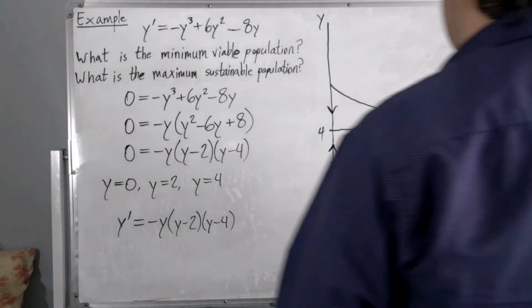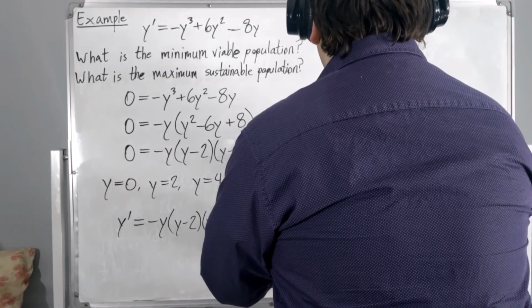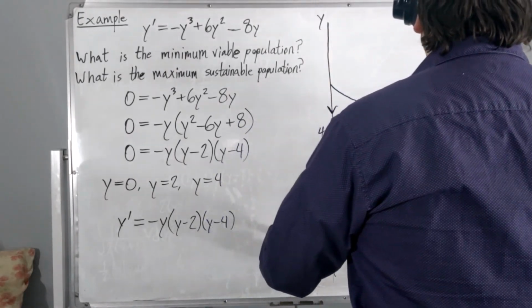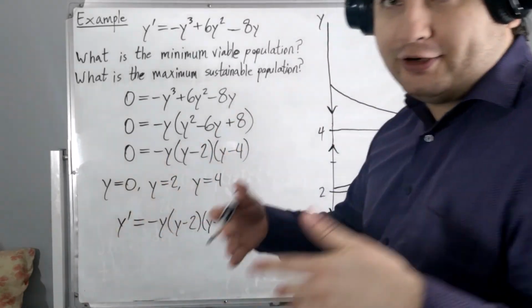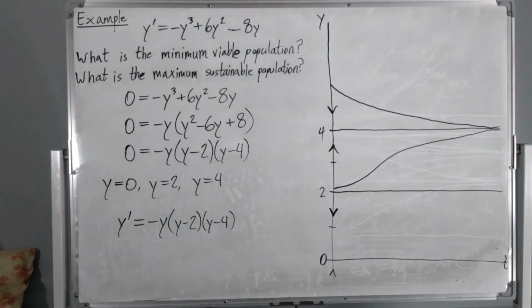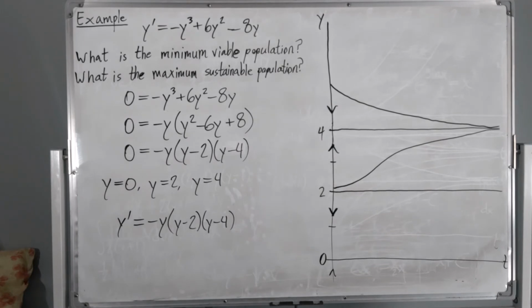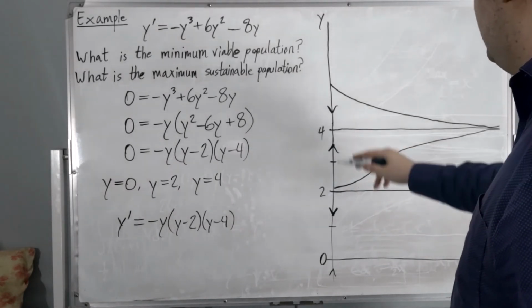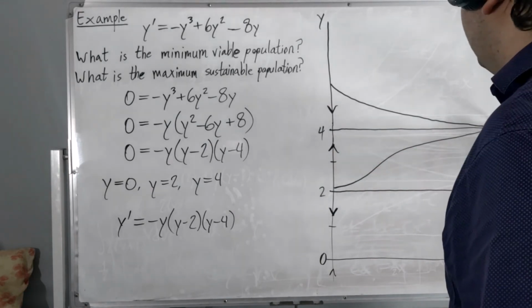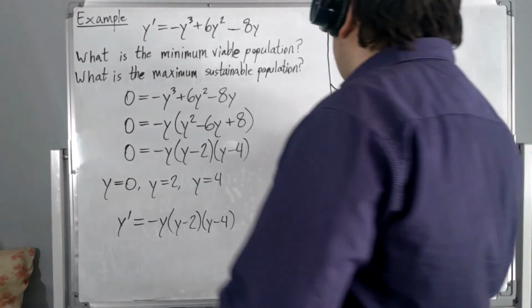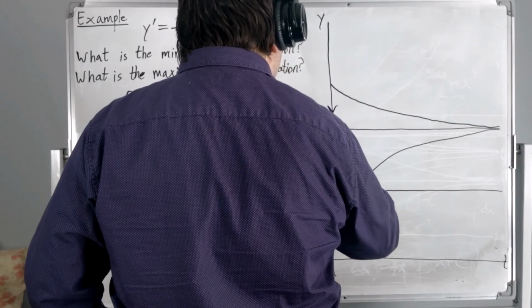Then, between 2 and 4, we're going to have some kind of behavior that looks kind of like this. And yes, we can be more detailed about this. There is a sigmoid and so on. But that is the idea. So if we have a population between 2 and 4, it's eventually going to increase to 4, giving us 4 as a stable population.